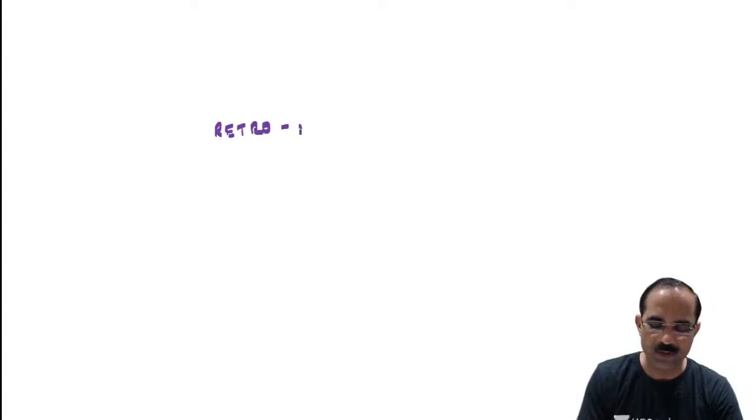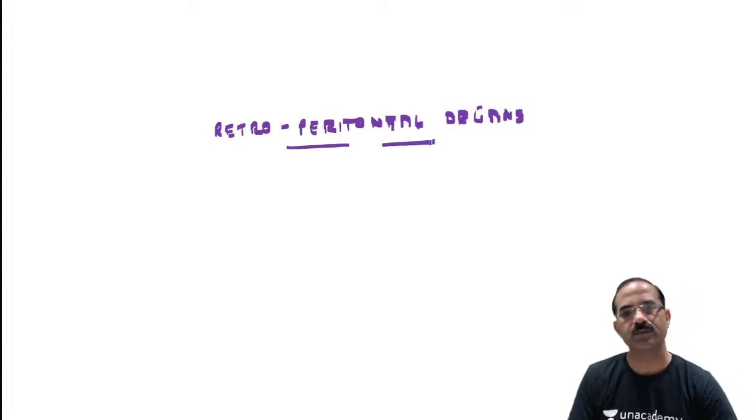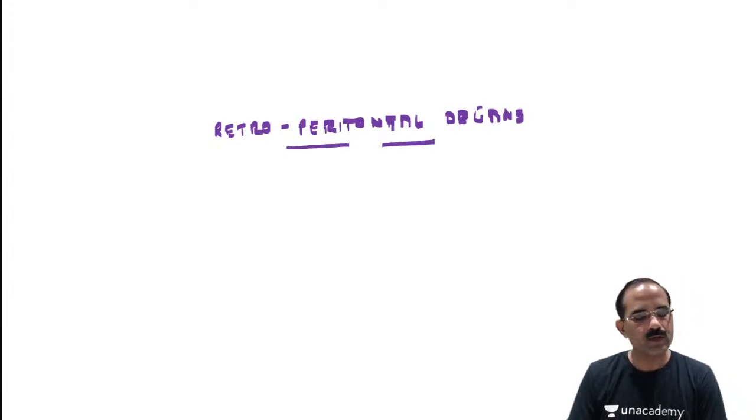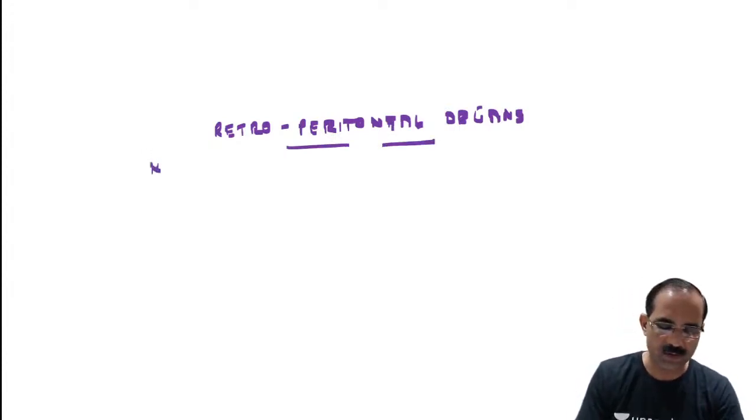Okay. So I'll just make a list of retroperitoneal organs. A very important thing. Retroperitoneal organs. Okay. So which are the retroperitoneal organs? I'll just write this down for you.